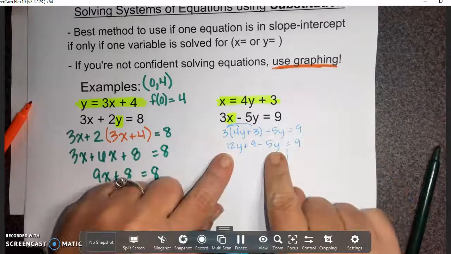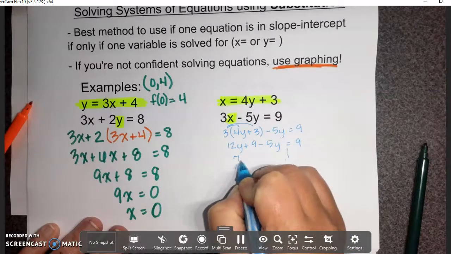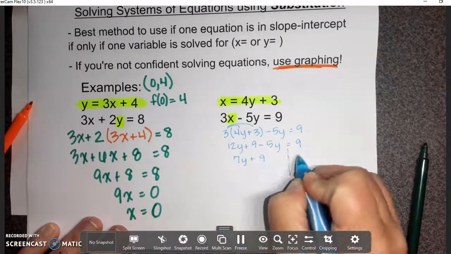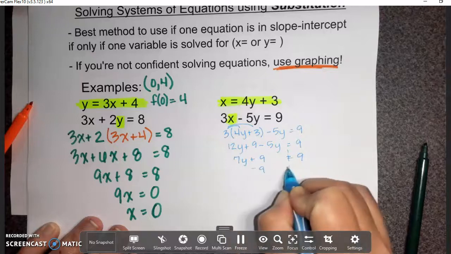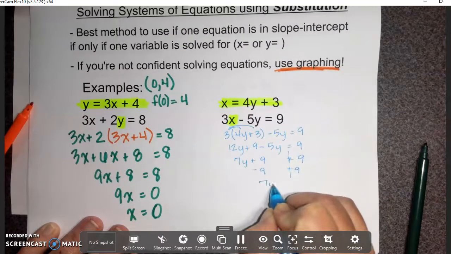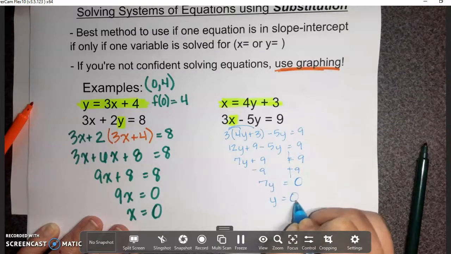Notice both of these are on the same side of the river, so 12 minus 5 is 7. So 7y plus 9 equals 9. Subtract 9 from each side. 7y equals 0. So y is equal to 0.